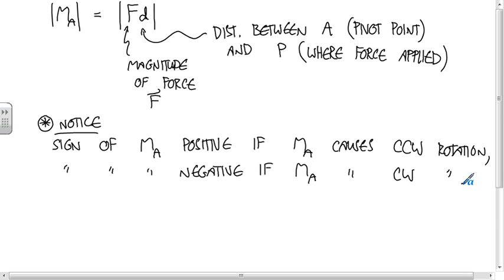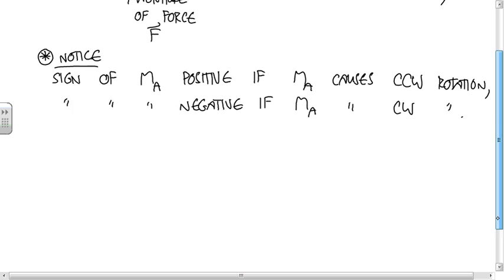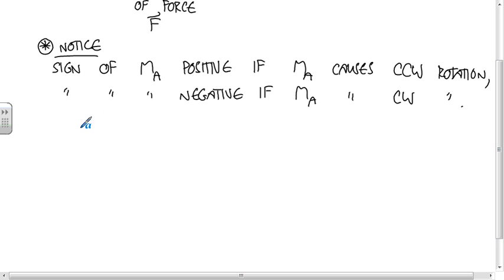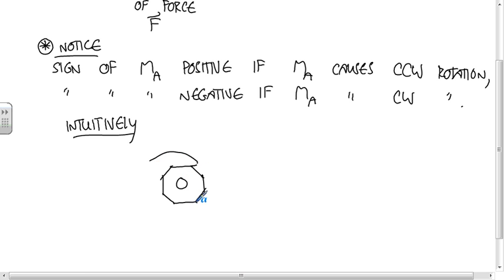All right, so what this says is, intuitively, imagine that you're trying to turn this bolt with a wrench.